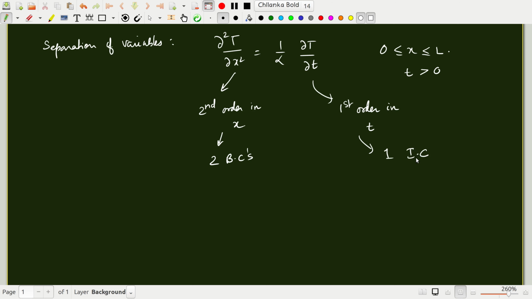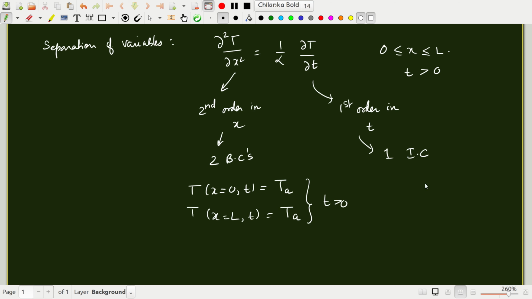The two boundary conditions are T at x equal to 0 at all times is equal to Ta, and T at x equal to L at all times t greater than 0, that is also Ta.